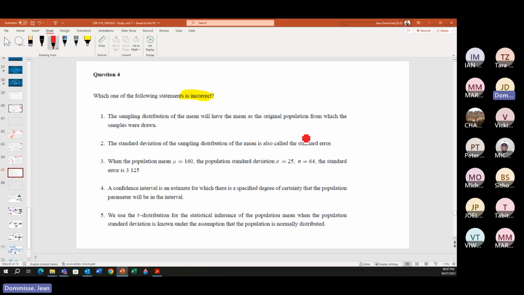It does help. Again, you guys are writing open book, so you are allowed to have all these notes and things with you. There's no problem with that.